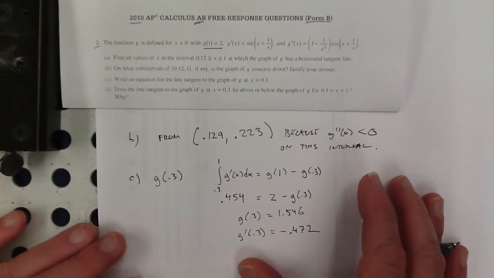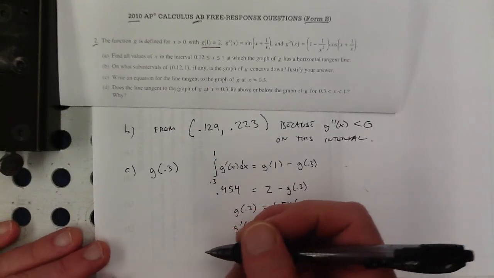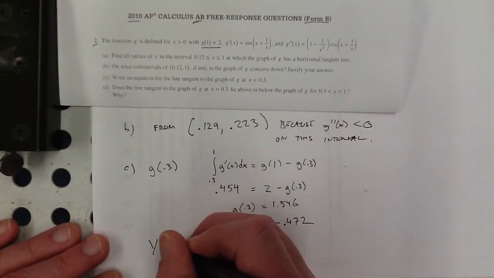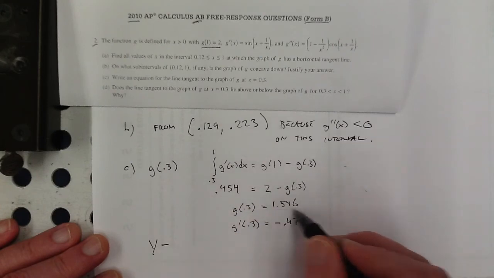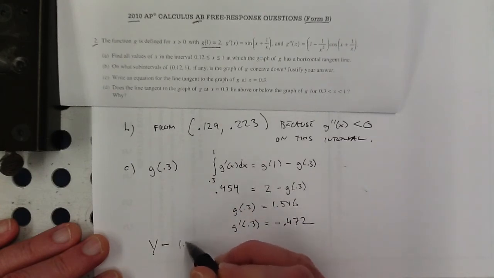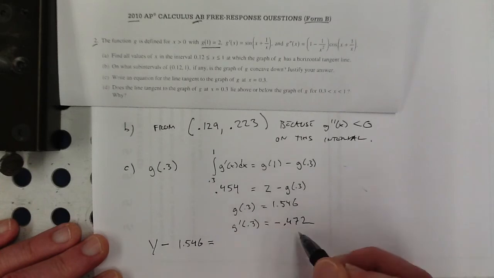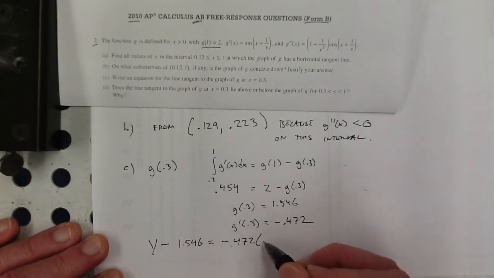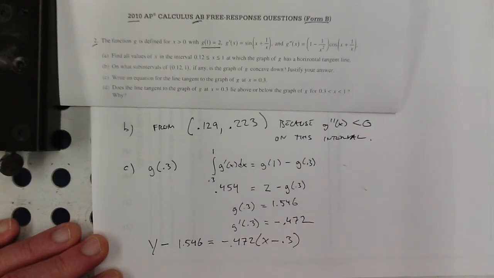I just need to write the equation for the tangent line now. So that is going to be y minus my y coordinate is equal to the slope, and x minus the x coordinate. Well, there is my equation for my tangent line.